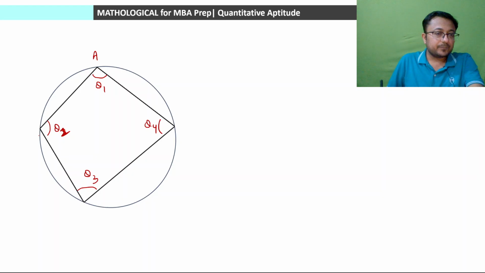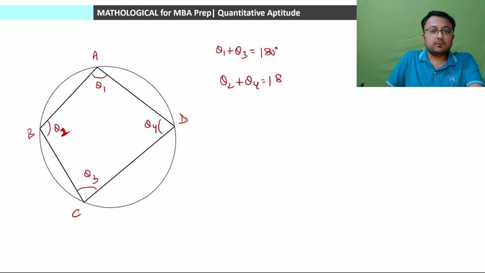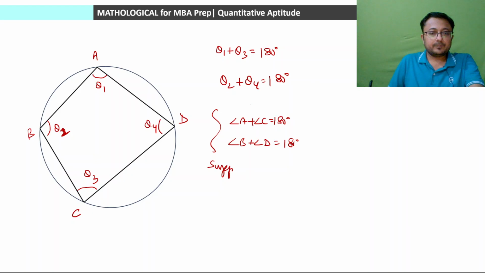And this is theta 3. तो A, B, C, D. So theta 1 plus theta 3 is equal to 180 degrees. Similarly, theta 2 plus theta 4 is also equal to 180 degrees. Which is to say angle A plus angle C is 180 degrees. Similarly, angle B plus angle D is also 180 degrees. So these angles are supplementary. Isn't it so? क्या ये clear है?